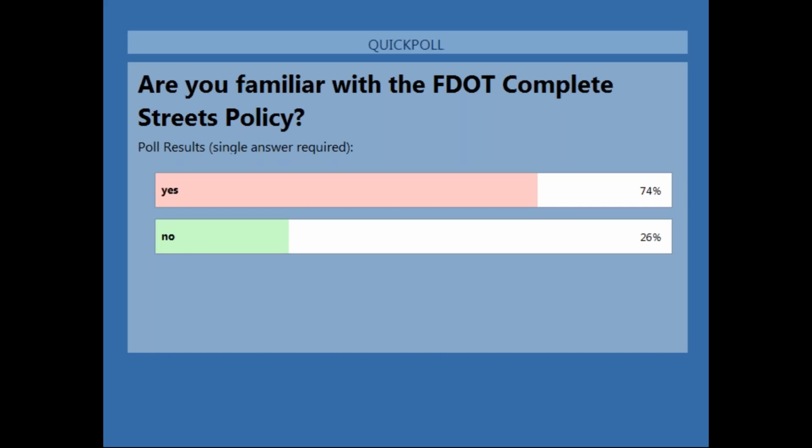And early on, Christine showed the context zones that were developed as part of the Complete Streets policy.